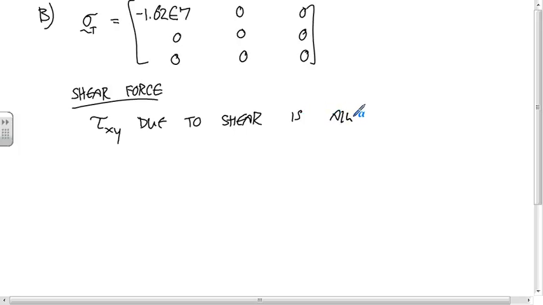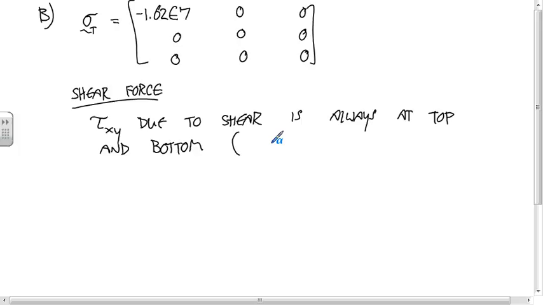So it's always 0 at the top and bottom of the cross section. Why is that? So in that VQ over IB calculation, what goes to 0 at the top and bottom? V doesn't have anything to do with the cross section. That just depends on X, right? So that's 0 for us in this case, but that's not always 0.